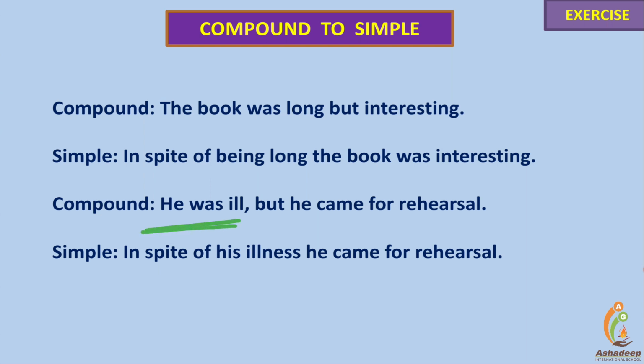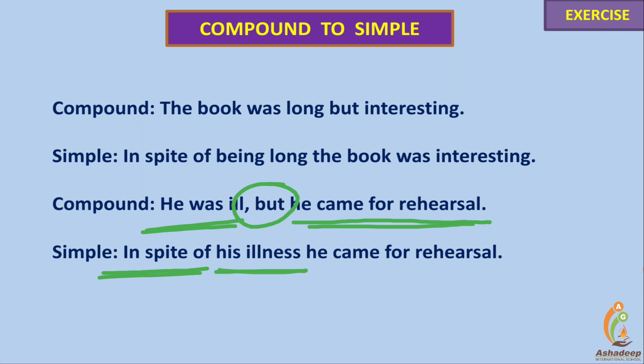He was ill, but he came for rehearsal. Contrast. Generally, what happens? An ill person doesn't come for a rehearsal, but it happened. A contrast-showing sentence, and to show contrast, "in spite of" is used in a simple sentence: in spite of his illness. Friends, here "ill" was an adjective.